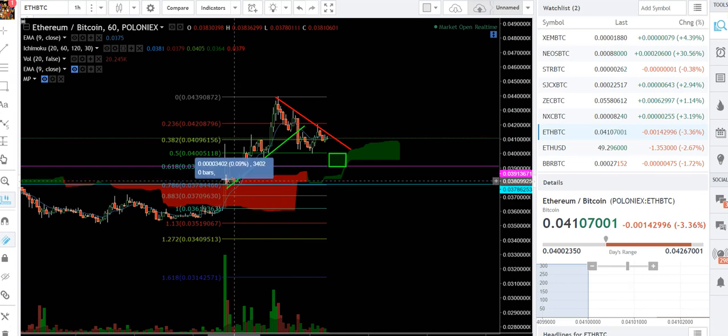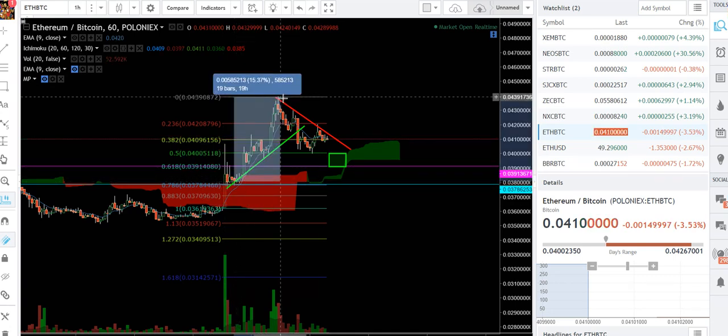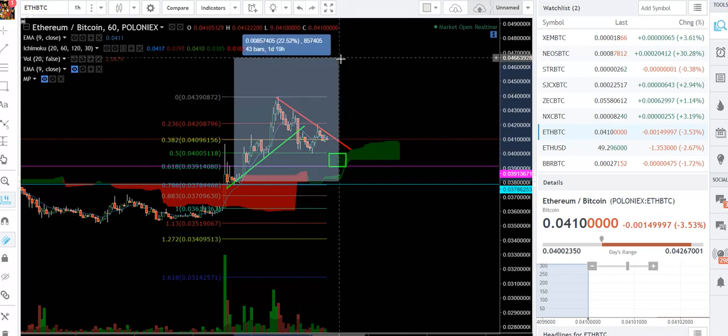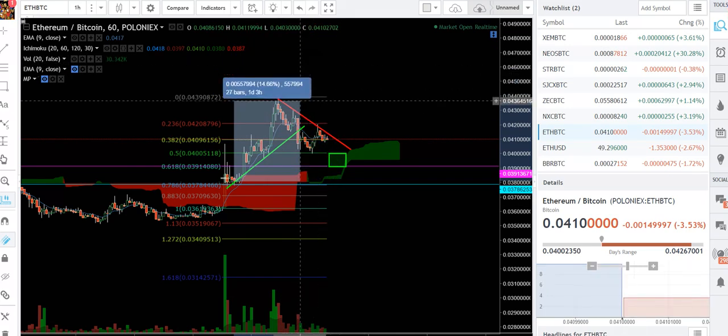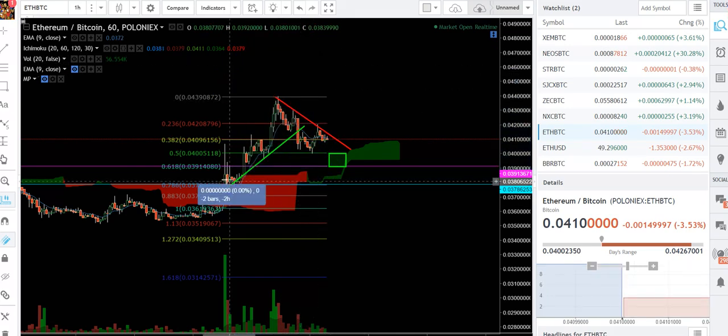So if you put 1 Bitcoin in here, you're up like 4 Bitcoins, let's say, by this point. And by the time it got to 0.08, you could be up 40 Bitcoins. But that's because you planted yourself right here and just held. To be able to do that, you have to hold through all of the ups and downs.